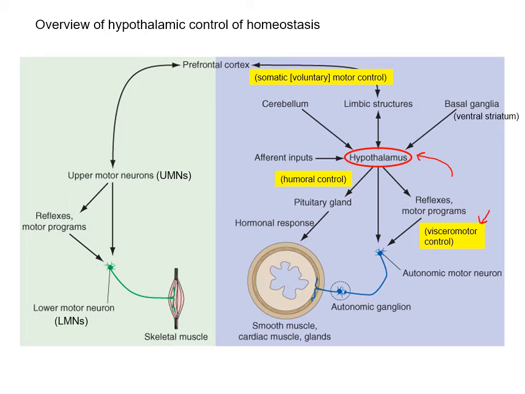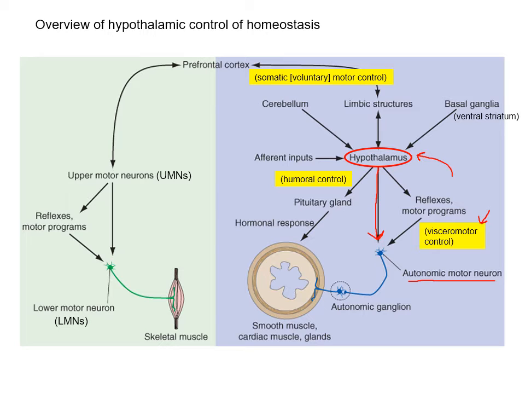It also acts as a collection of upper motor neurons for autonomic control, which is illustrated here. Efferents exiting the hypothalamus travel down to the brainstem and spinal cord to synapse onto autonomic motor neurons, either parasympathetic or sympathetic, to regulate or orchestrate homeostasis through this visceromotor control.